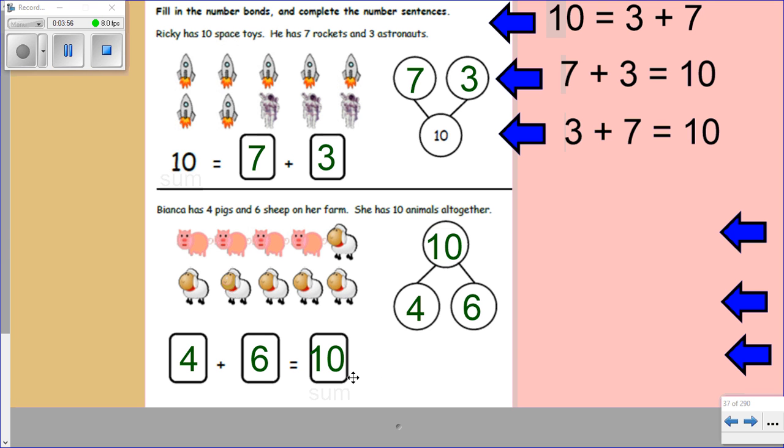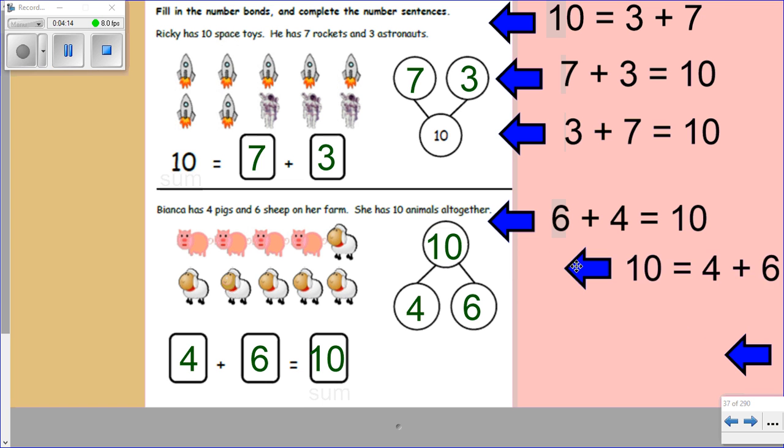Now, like we did up above, here's one equation, 4 plus 6 equals 10. And now here's the other way you could do it. 6 plus 4 equals 10. Just switching the order of the addends. And you could start with the sum. Start with the whole amount equals. 10 equals 4 plus 6.